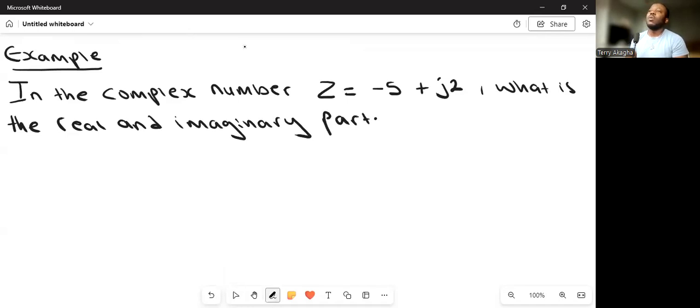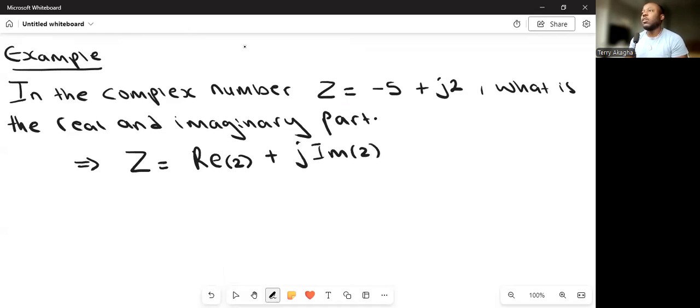Remember, the general format is the real part plus J and the imaginary part. So it's the same thing as Z equals -5 plus J2.